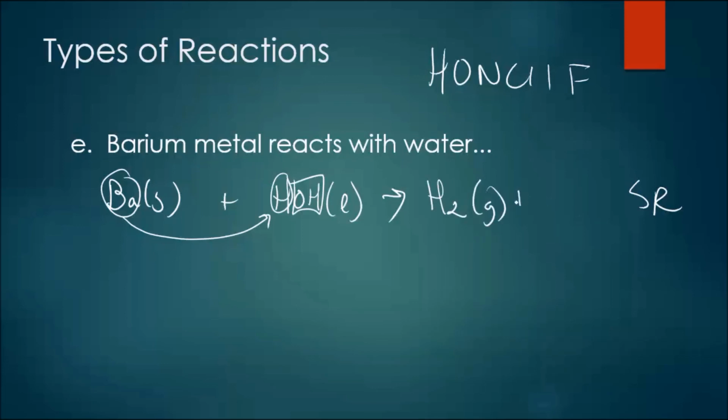And on the other side, barium OH. Is that a correct chemical formula? Is that correct? Barium is +2, hydroxide is -1. Yes. Okay, aqueous or solid?